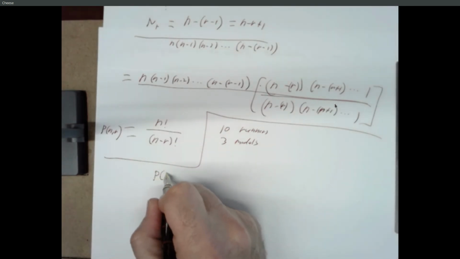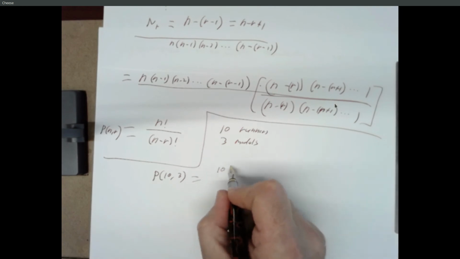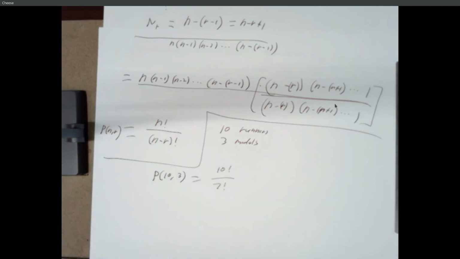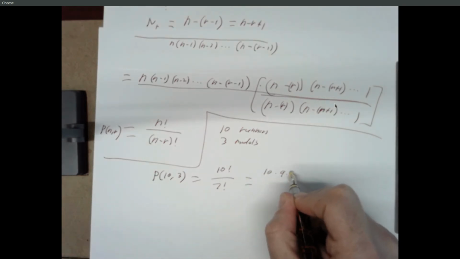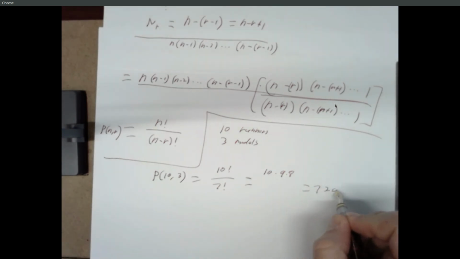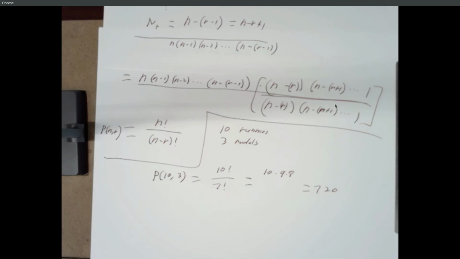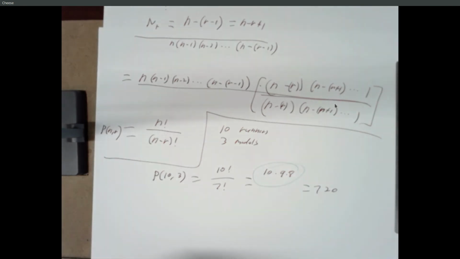This is just the number of 3-permutations of 10 objects, which is 10 factorial over 7 factorial. If you multiply it out and cancel everything, it ends up just being 10 times 9 times 8, which is 720. And this, of course, is just the product rule sneaking in again. 10 people we can choose from to get the gold, then 9 to choose from to get the silver, and then 8 to choose from to get the bronze.